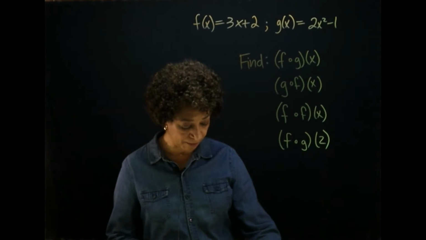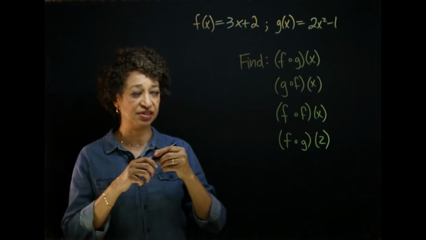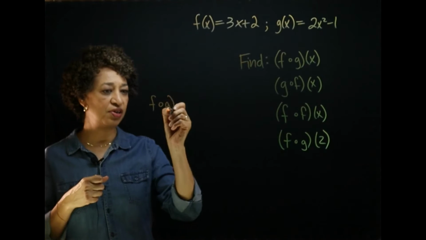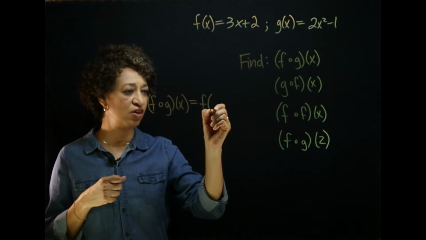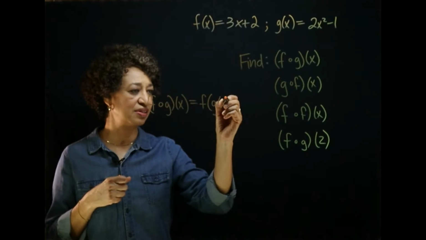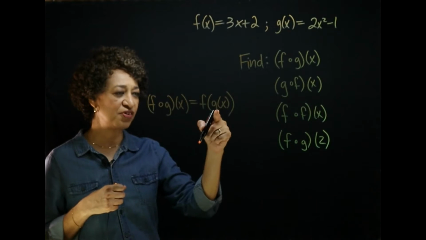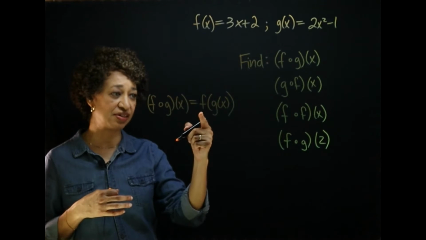So here we go. I want to find first f of g of x. We might be better off using this notation, f of g of x. I like this notation because it clearly shows that the function g of x is going to be placed inside the function named f of x.